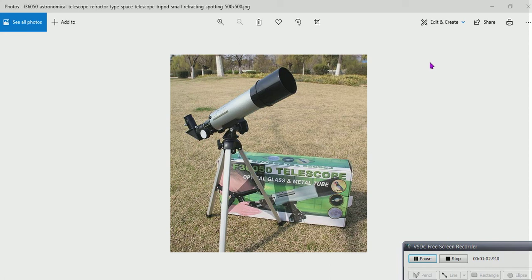Now we are discussing the construction of the astronomical telescope. Again I am telling, here I am discussing an astronomical telescope of the refracting type. If I am discussing the construction, here we have a long cylindrical metallic tube with two ends. From one end we will see the image, and from the other end the object's rays will enter the telescope.